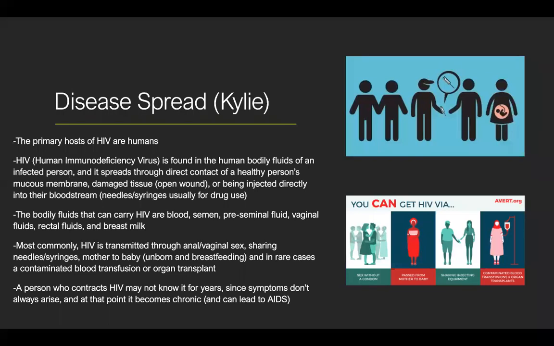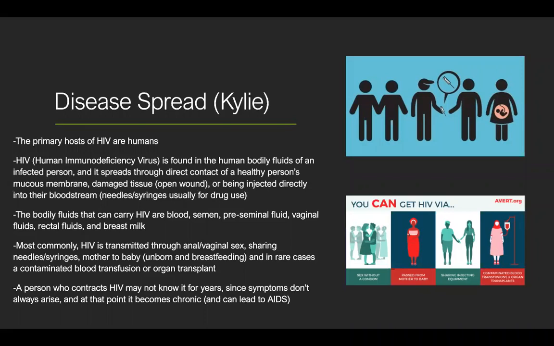For disease spread, the primary hosts of HIV are humans. It is not vector-borne, and vectors do not transmit this disease. HIV is found in human bodily fluids, and this is how a healthy person becomes infected.